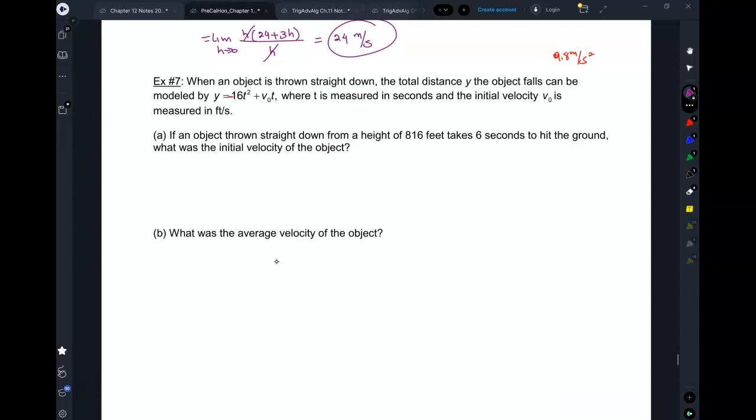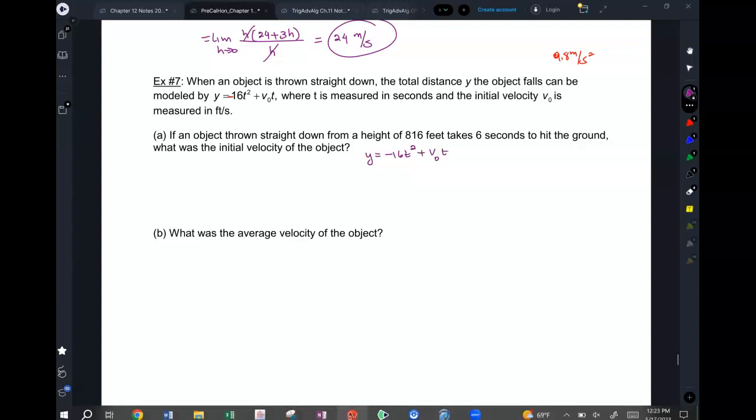Okay, so if an object is thrown straight down from a height of 816 feet, and it takes 6 seconds to hit the ground, what was the initial velocity of the object? It's just algebra. That's all it is. So take a look at this one. y equals negative 16t squared plus v naught t.